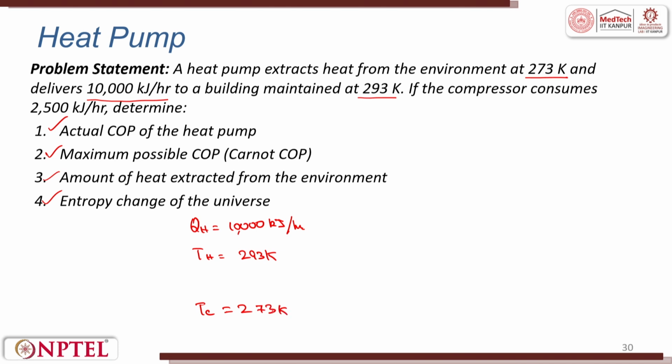Now, the compressor also consumes 2500 kilojoules per hour. When we talk about the compressor, that is the mechanical energy being input, we have the value of work W. W is equal to 2500 kilojoules per hour.